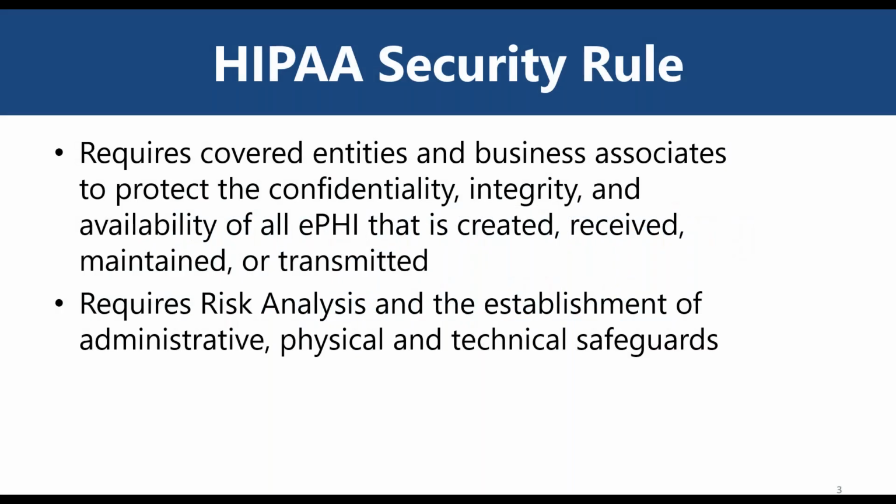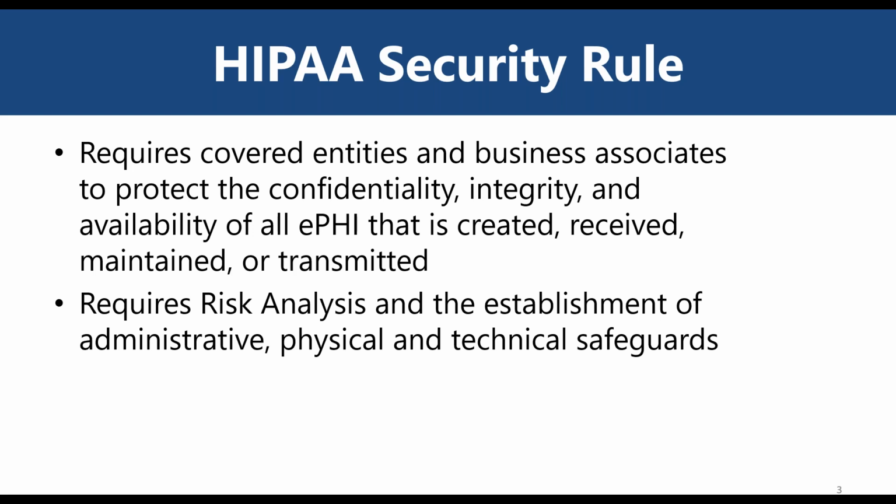So with that being said, I just want to spend a moment talking about the security rule and what you are required to do. As a part of being either a covered entity or a business associate under the security rule, you have an obligation to protect the confidentiality, integrity, and the availability of all electronic protected health information that is created, received, maintained, or transmitted.